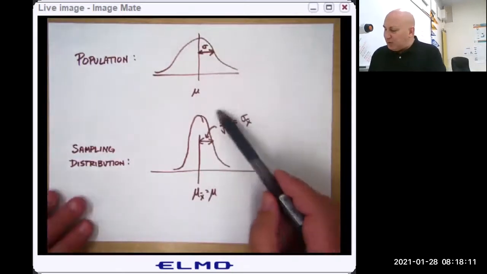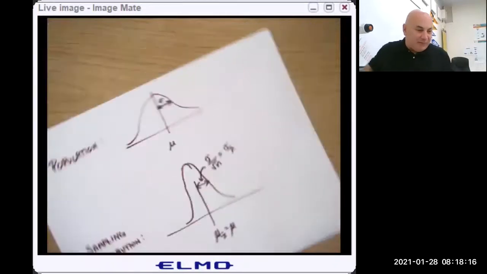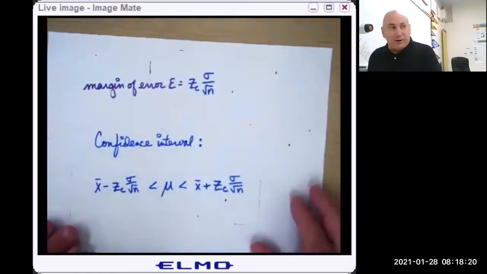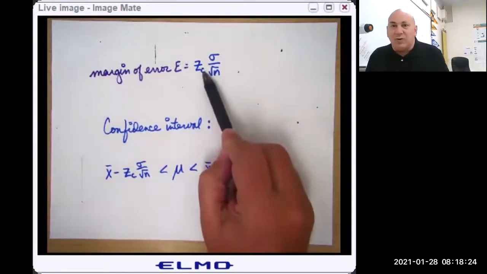So sigma over root n is your standard dev, and Z critical, your Z-score, is going to be based on what your level of confidence is.